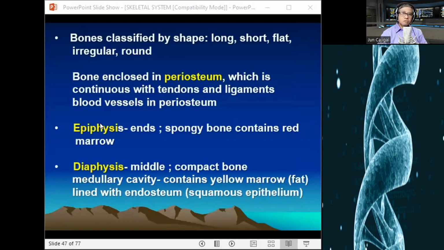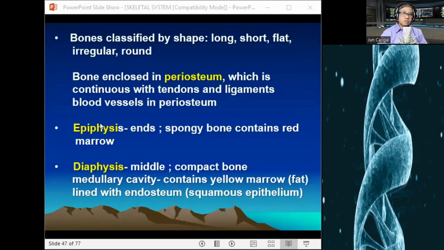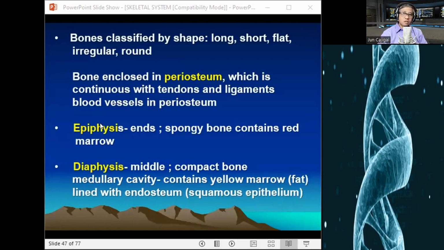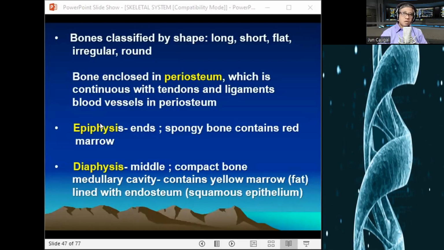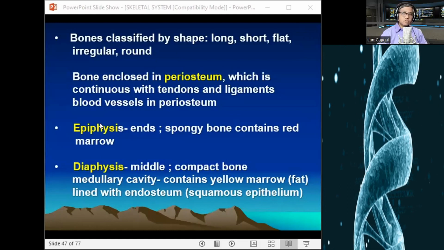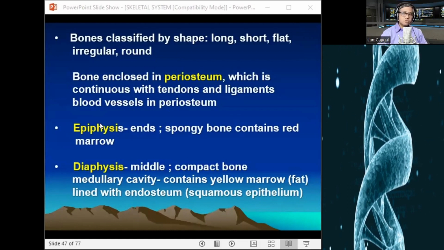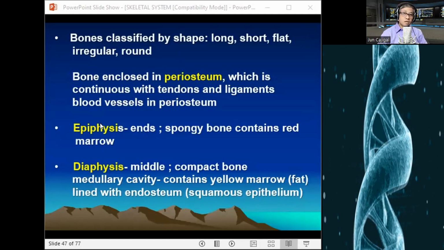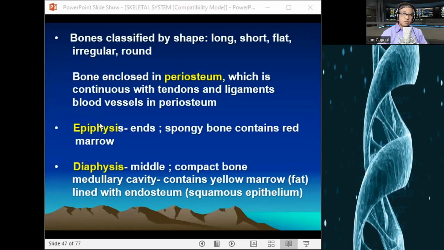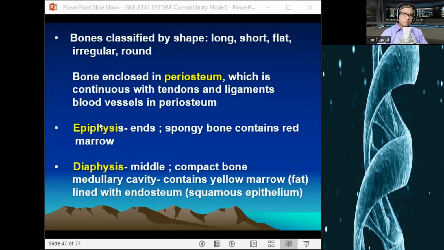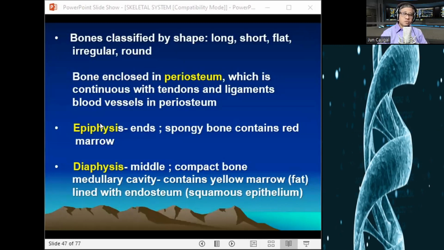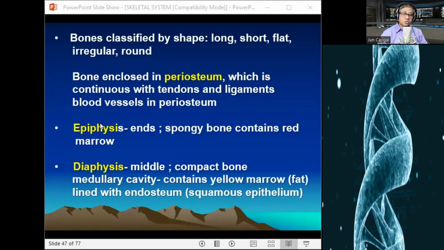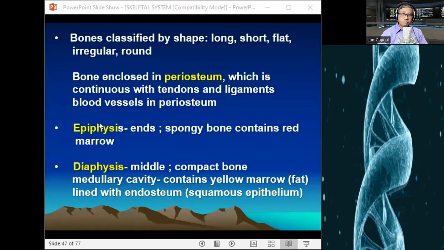Again, the bone is enclosed in a periosteum, which is that membrane which is continuous with the tendons and ligaments. The ends of a long bone is called the epiphysis, also known as spongy bone or cancellous bone because it contains cavities that contain the red bone marrow. Then we have the diaphysis or the shaft of the long bone or the middle part of the bone, which is composed of compact bone.